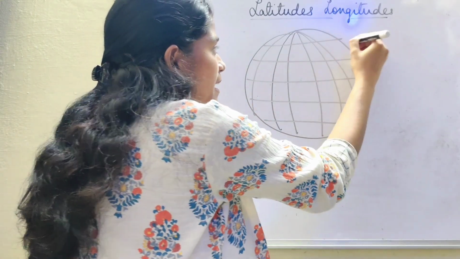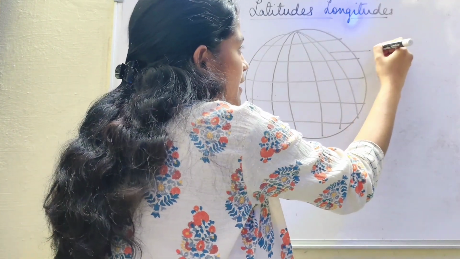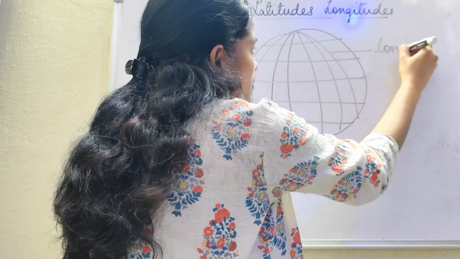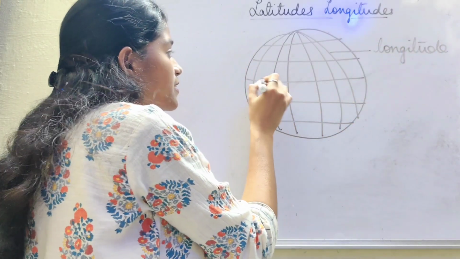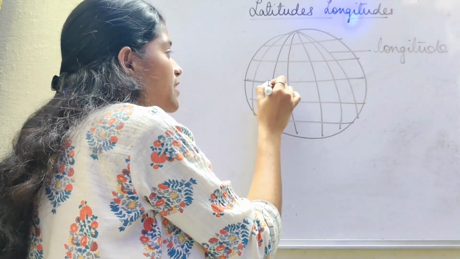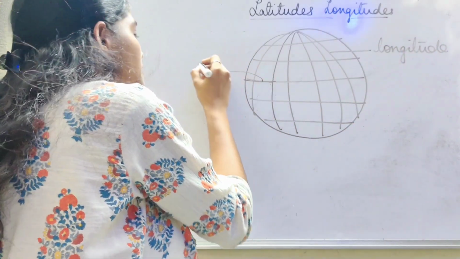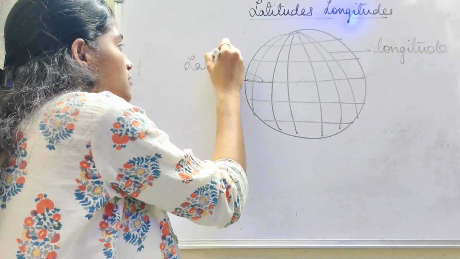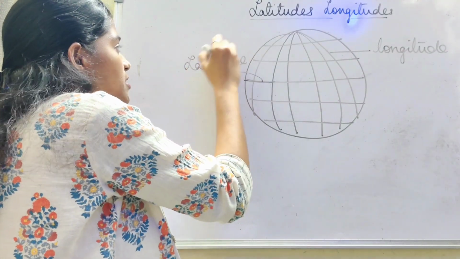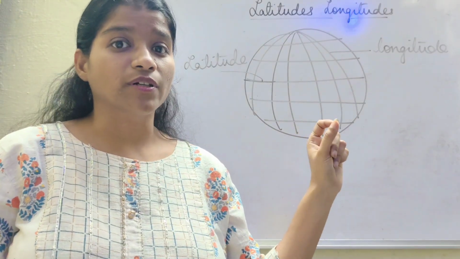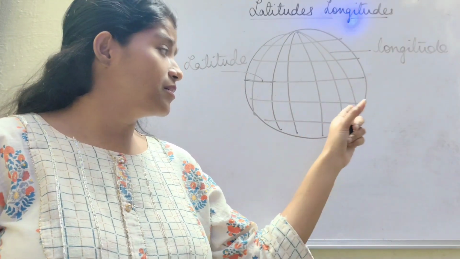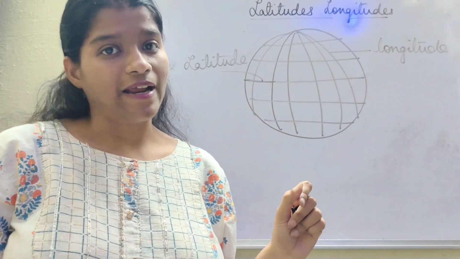These vertical lines which I have drawn are the lines of longitude, and these horizontal lines which I have drawn are the lines of latitude. This too you must be knowing: the vertical lines are called the lines of longitude and the horizontal lines are called the lines of latitude.